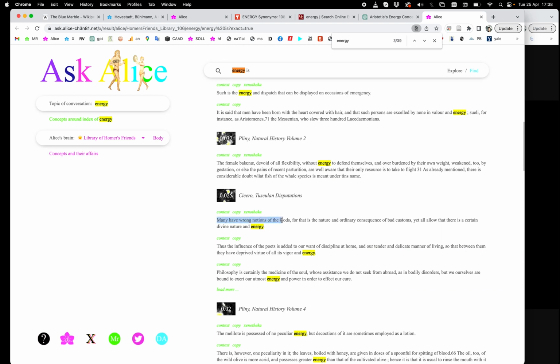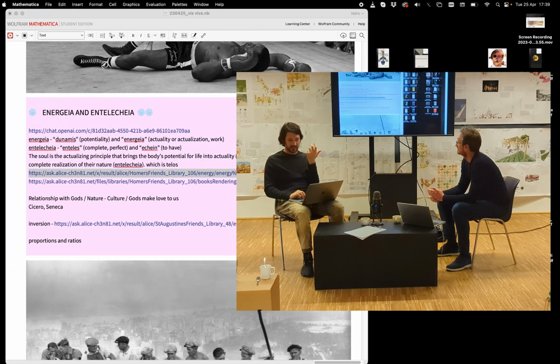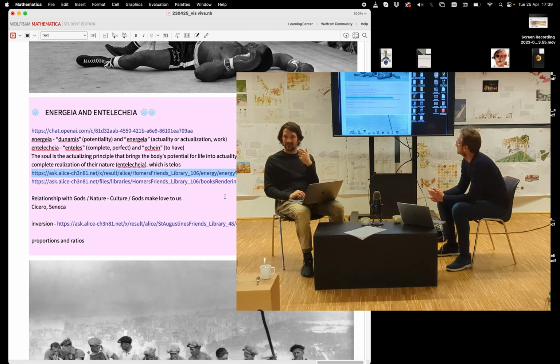Many have a wrong notion of the gods, for this is the nature and the ordinary consequence of bad customs. Yet all allow that there is a certain divine nature and energy. So there is a relationship between God's energy and nature, and this is something that we have in a way lost. And the beauty of it is that in principle, the Greek gods are in a way an impersonation of natural forces, but not exclusively.